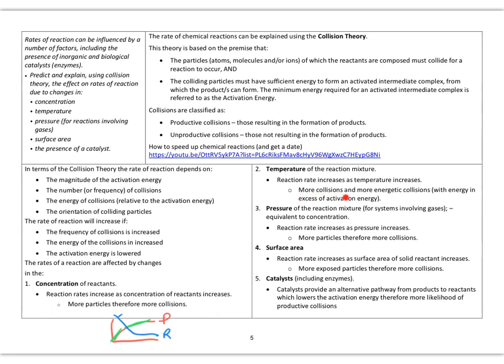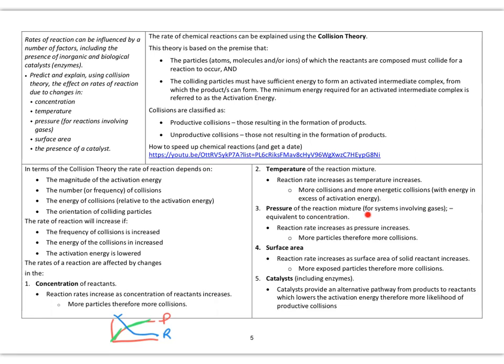Firstly, there's more likely to be more collisions, because the faster they're moving, the more distance they're covering. But not only that, those collisions will have more energy. Therefore there is more chance of energy in excess of the activation energy, so there's more chance of enough energy for a productive collision.